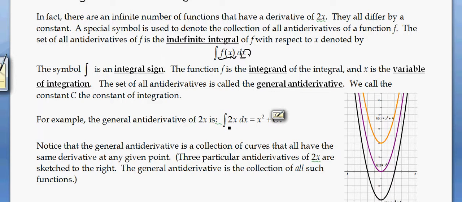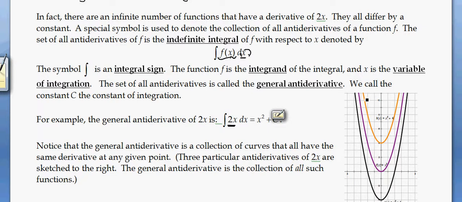So for example, with this integral symbol of 2x dx, we get x squared plus c. This indefinite integral symbol represents the general antiderivative of whatever function is in that space. And in this example, our general antiderivative is x squared plus some capital C, which we'll use to represent the constant of integration.